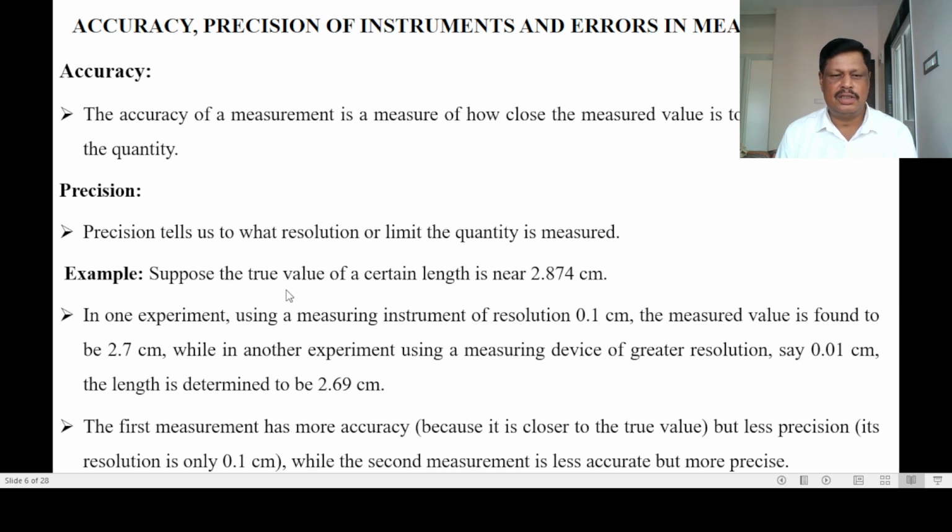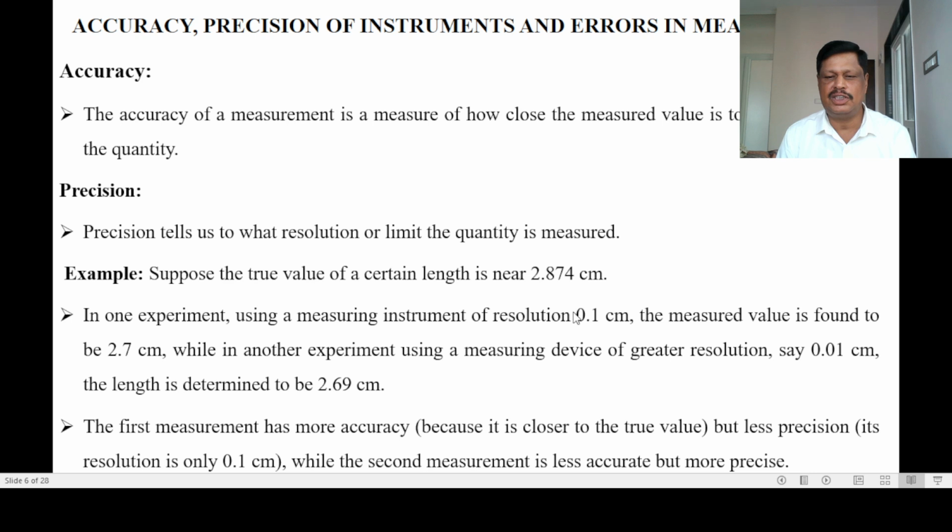If a student measured this value in one of the experiments using a measuring instrument of resolution only 0.1 centimeter, the measured value is found to be 2.7 centimeter, while in another experiment using a measuring device of greater resolution, say 0.01 centimeter.